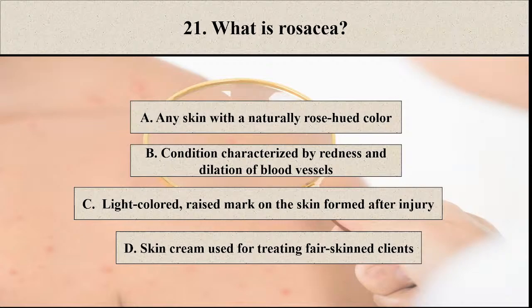Is it any skin with a naturally rose-hued color, condition characterized by redness and dilation of blood vessels, light-colored raised mark on the skin formed after injury, skin cream used for treating fair-skinned clients? If you chose B, condition characterized by redness and dilation of blood vessels, you are correct.